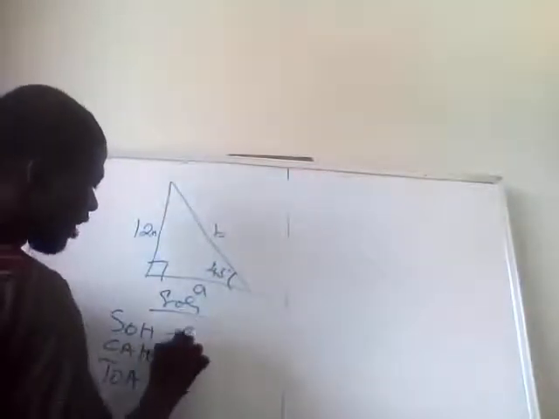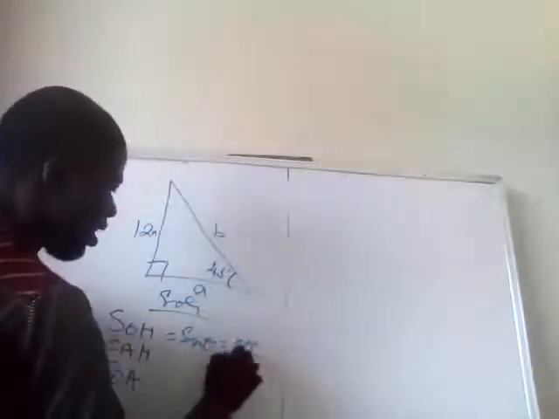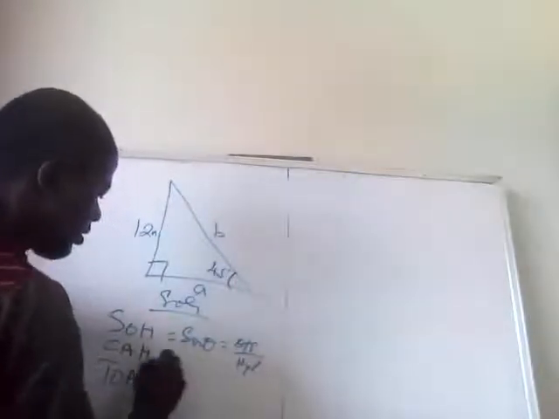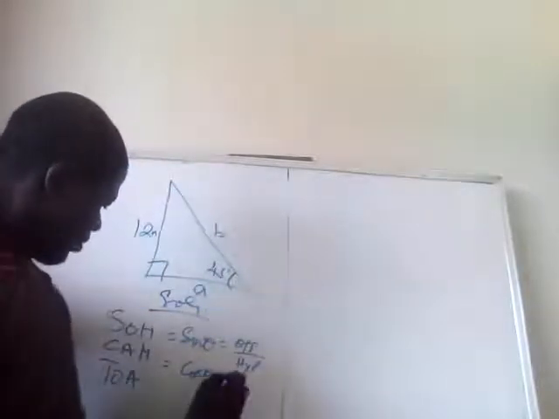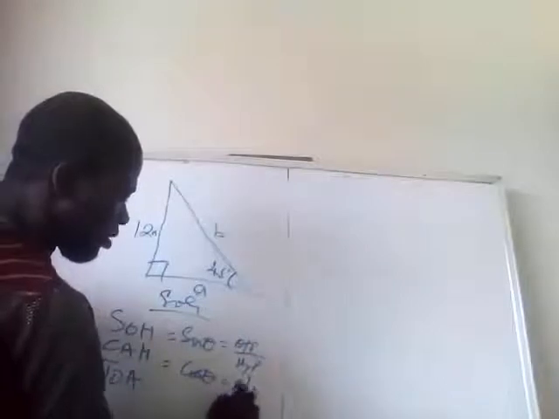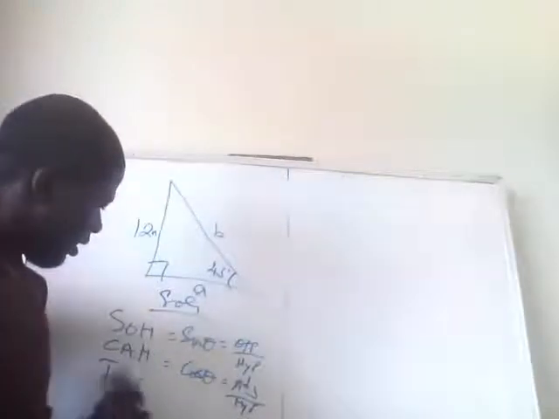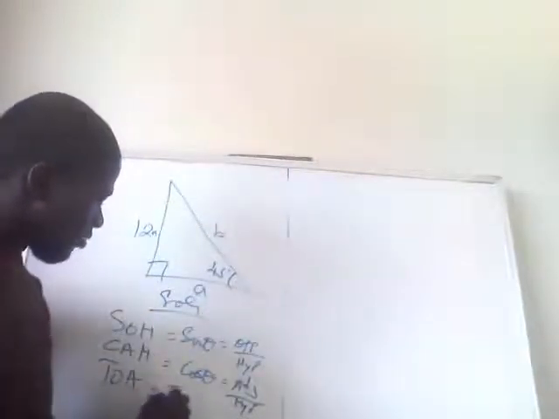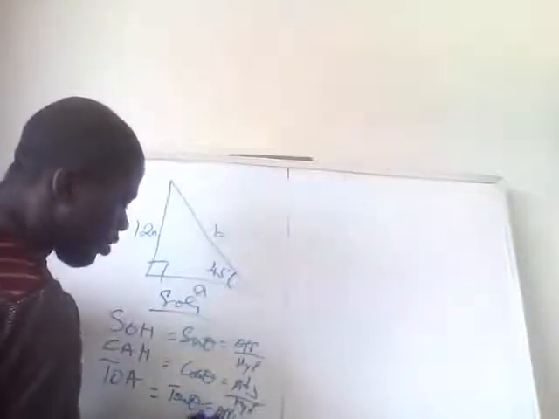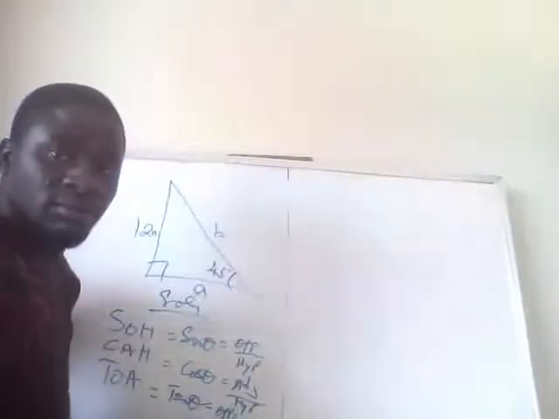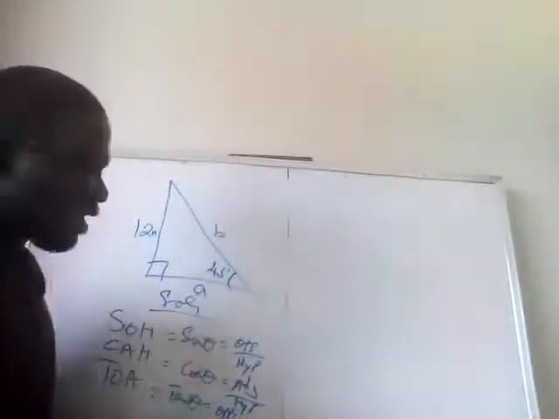That is, sine theta is equal to opposite over hypotenuse, and cos theta is equal to adjacent over hypotenuse, and last but not the least, tan theta is equal to opposite over adjacent. So that is for the trig ratios. They are called trig ratios.